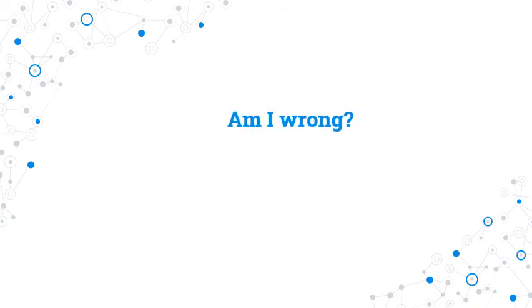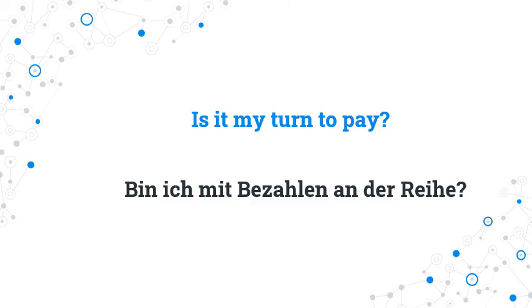How do you say, am I wrong, in German? Bin ich im Unrecht? How do you say, is it my turn to pay, in German? Bin ich mit Bezahlen an der Reihe?